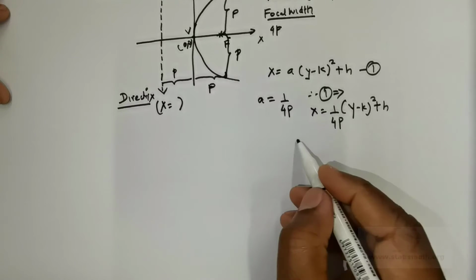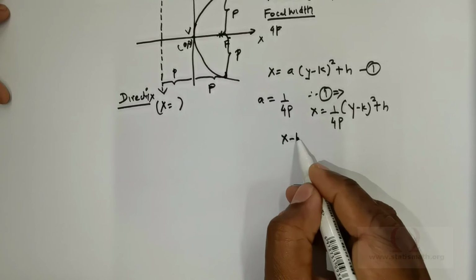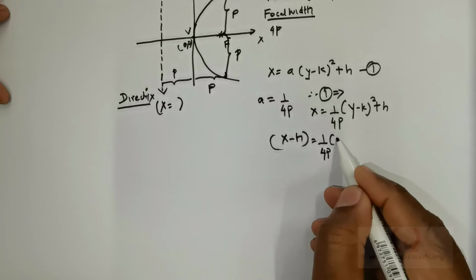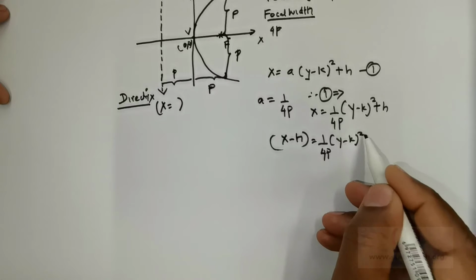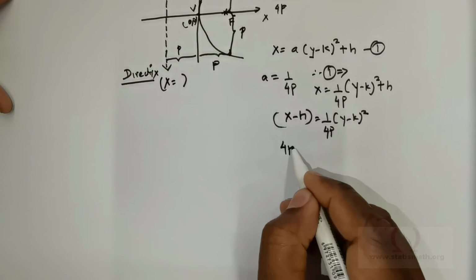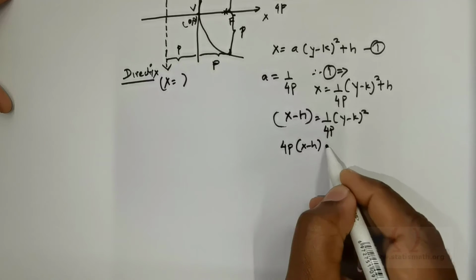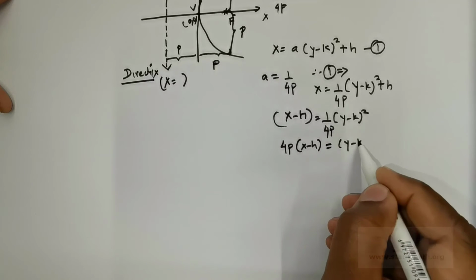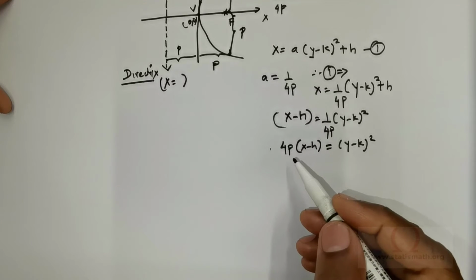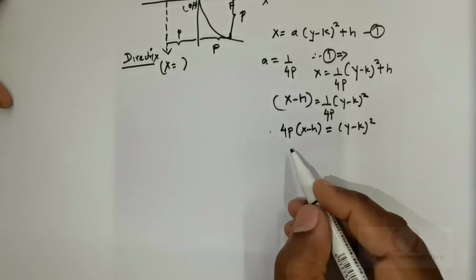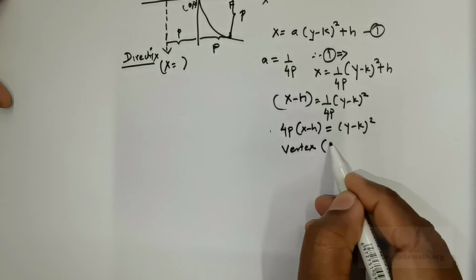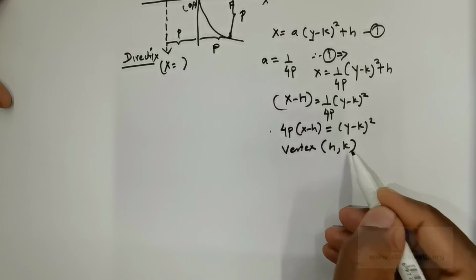Now I can also rewrite this as x minus h is equal to 1 over 4p times (y minus k) raised to the power 2. And it can be further rewritten as 4p times (x minus h) is equal to (y minus k) raised to the power 2. So these are the different forms in which we would be able to write the parabola. And of course the vertex is given to be h comma k.